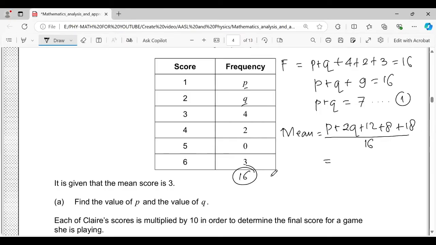That gives P plus 2Q plus 38 over 16 equals 3, or P plus 2Q plus 38 equals 48.